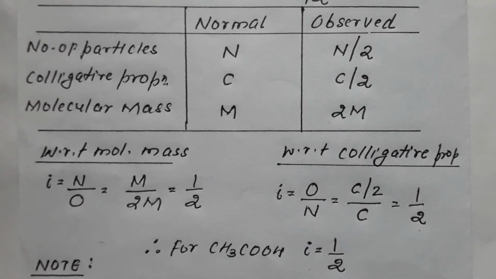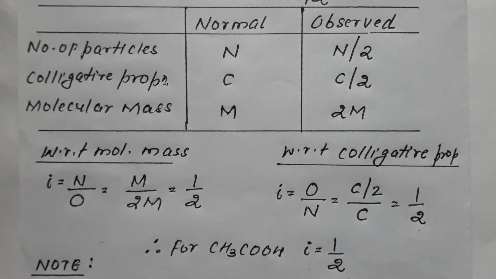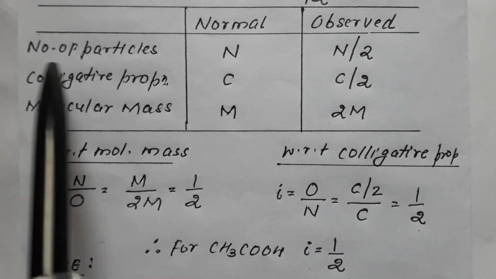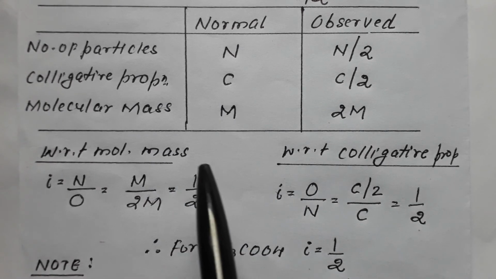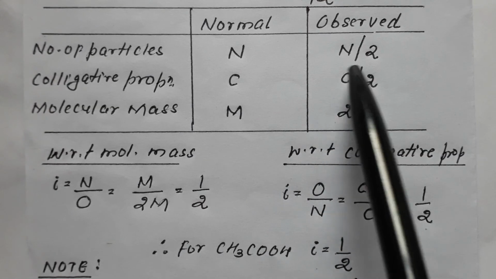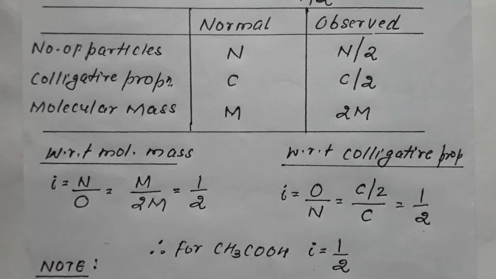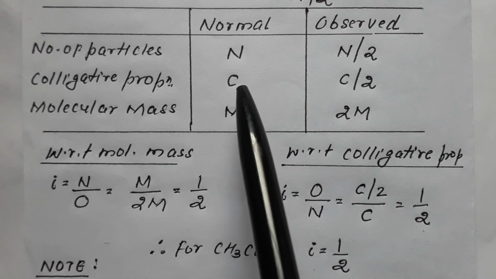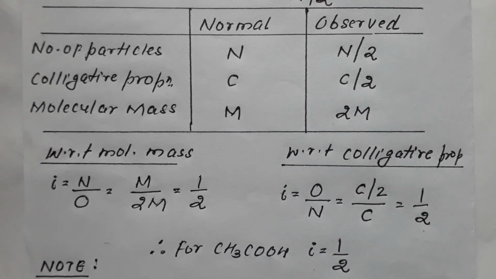Let us consider an example. Normally the number of particles should be n, but because of the association the observed number of particles would be n by 2.